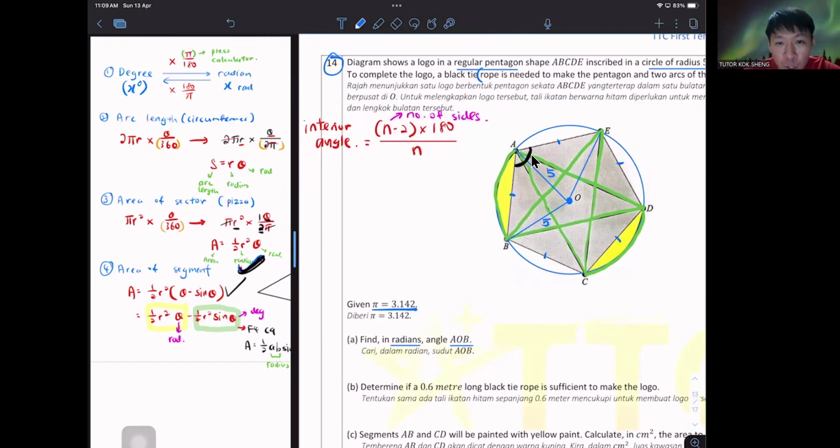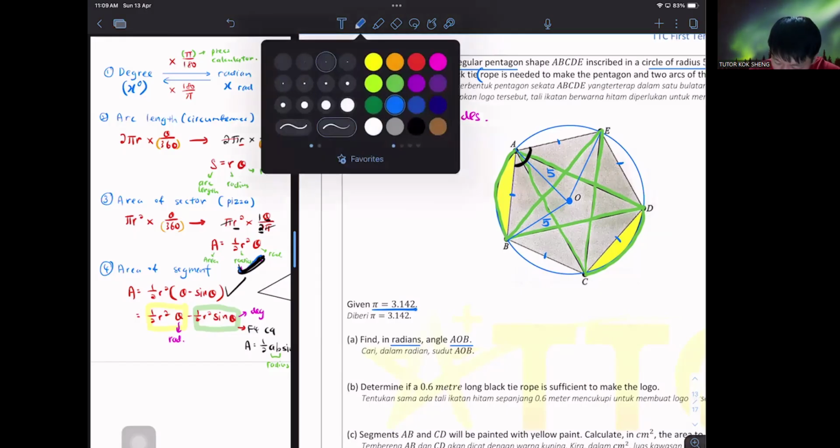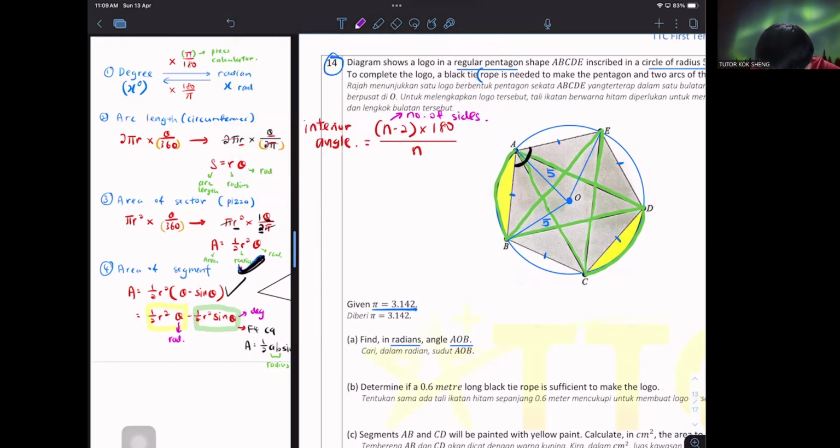After you find the interior angle for the pentagon, it will cut it into half. And because this is 5 cm here, 5 cm, same length, right? So you get an isosceles triangle. These two be the same angle. So first one, find the interior angle first, then we cut into half.